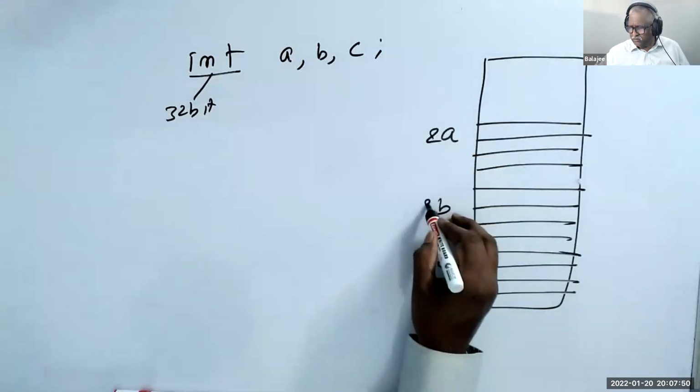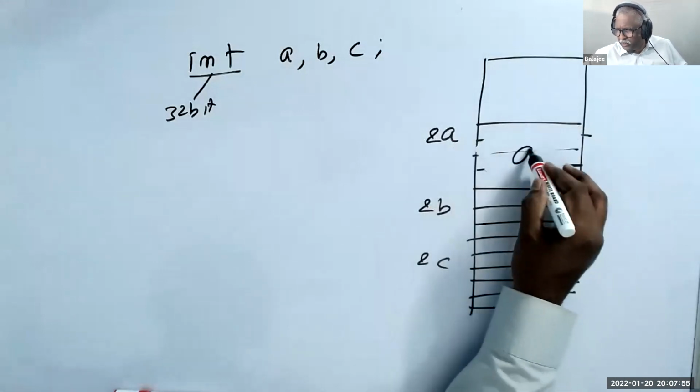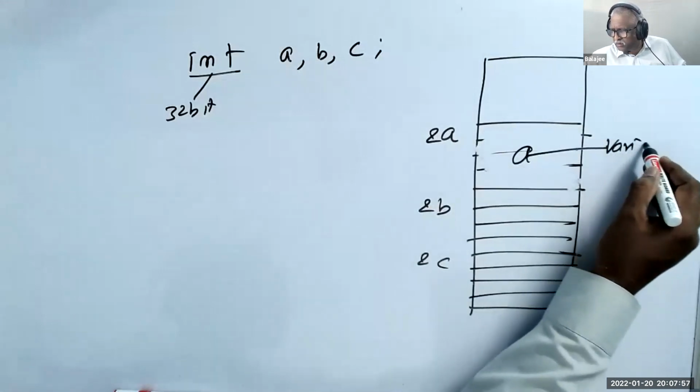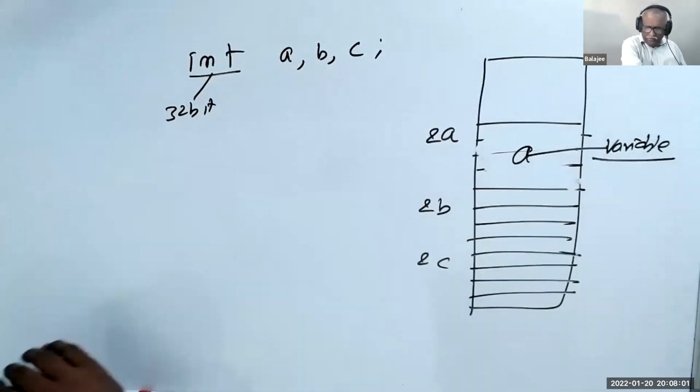And what is inside the 4 bytes is called A. We call that a variable. It's a variable and the address. That's fine.